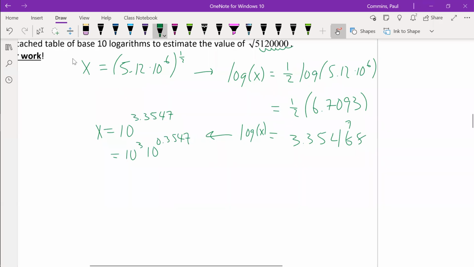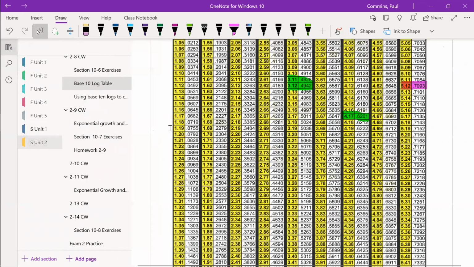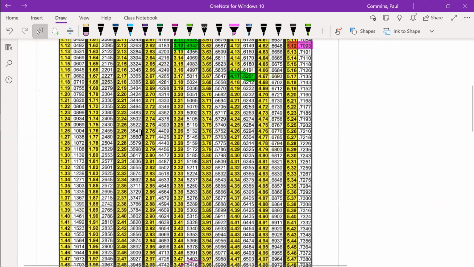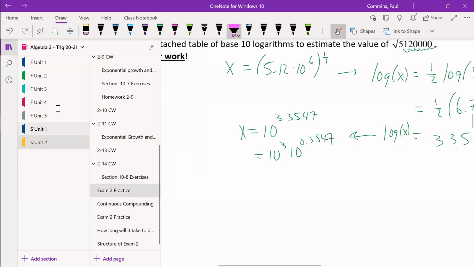Our log table, 3547, closest one. 3547 would be 2.26, right? 2.26, only off by 6 10,000ths. So that's 2.26.